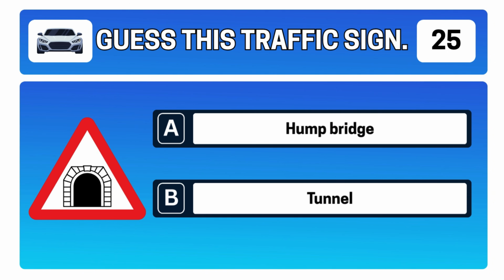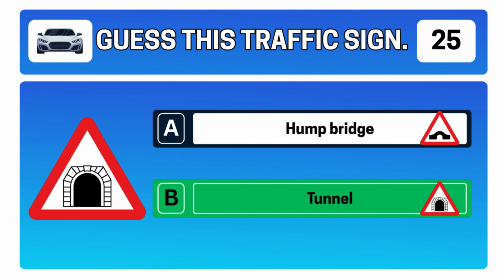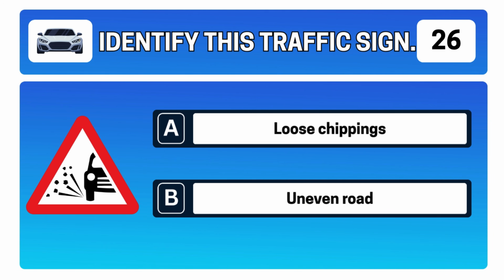Guess this traffic sign. A. Hump bridge. B. Tunnel. Perfect. It is the tunnel sign. Identify this road sign. A. Loose chippings. B. Uneven road.